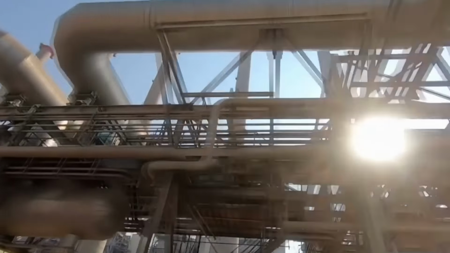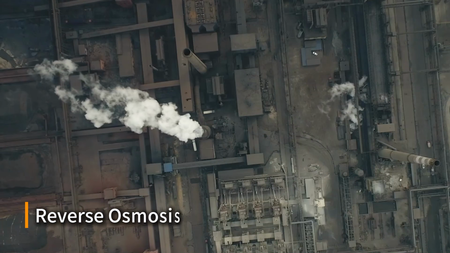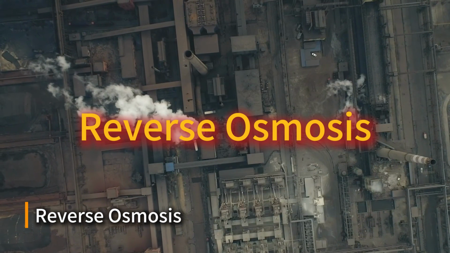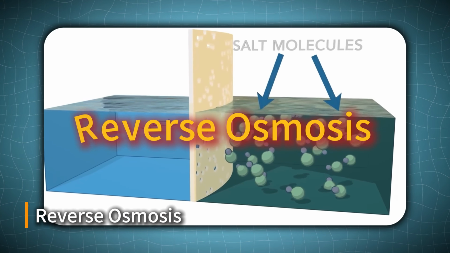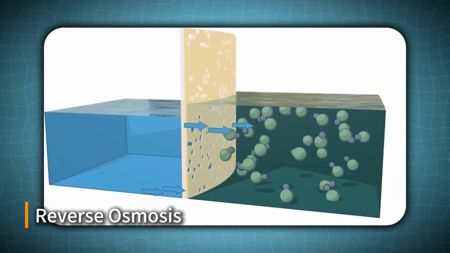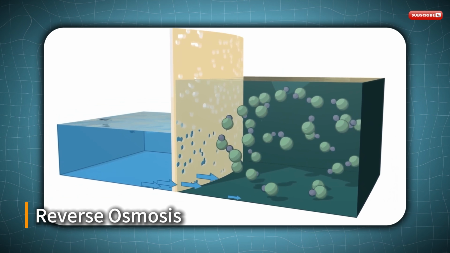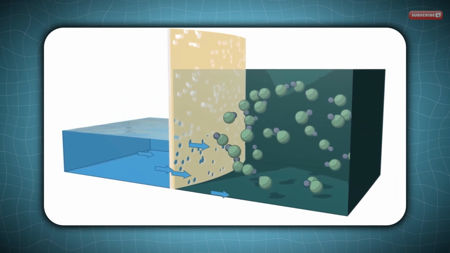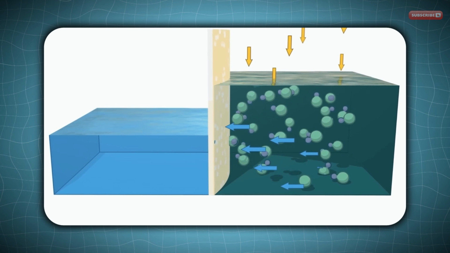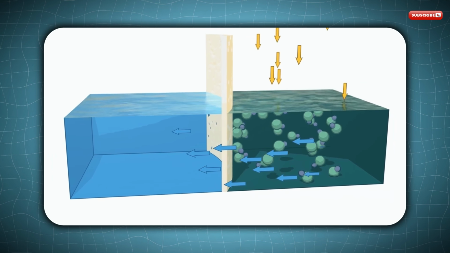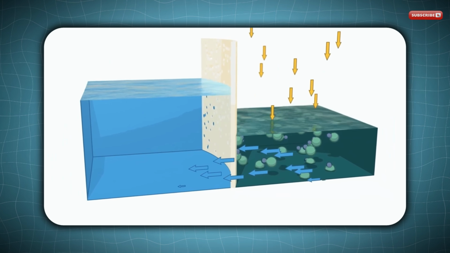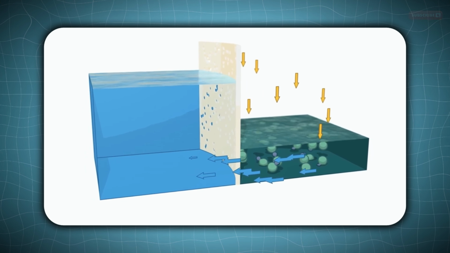For most modern seawater desalination plants, that process is reverse osmosis. The name comes from a natural process called osmosis. If fresh water and salt water are separated by a membrane that allows water to pass, but blocks most dissolved salts, water naturally moves toward the saltier side. Reverse osmosis forces water to move in the opposite direction.